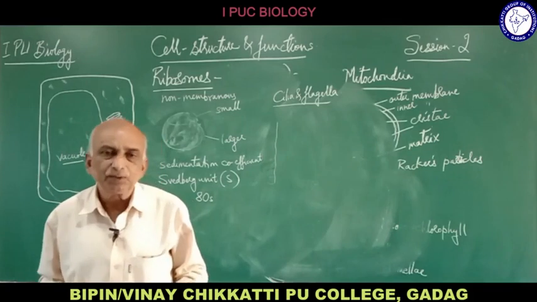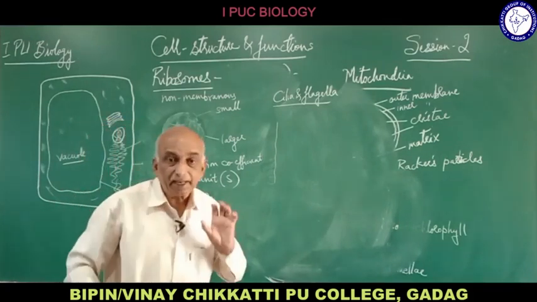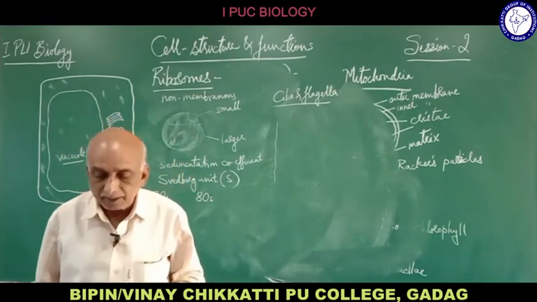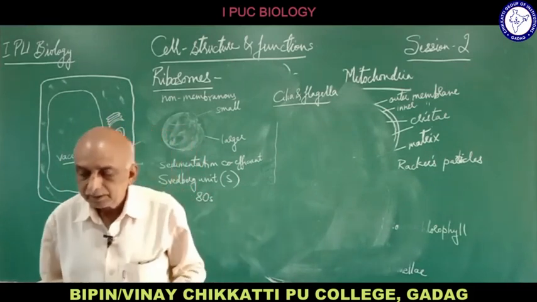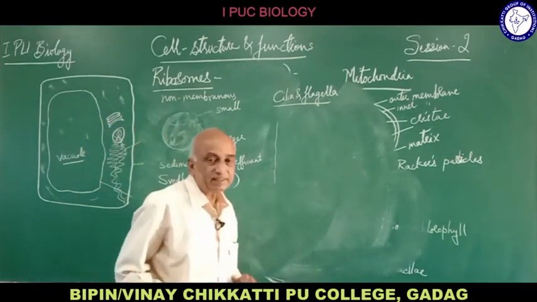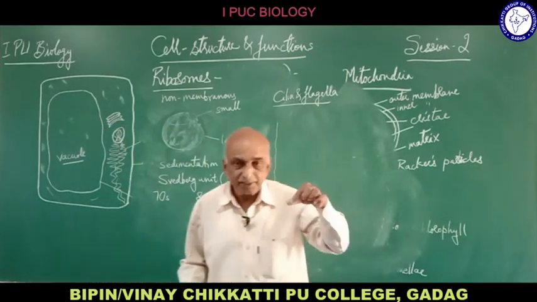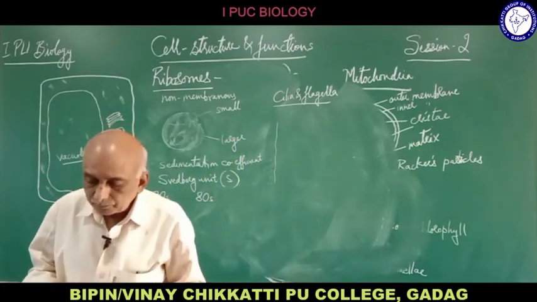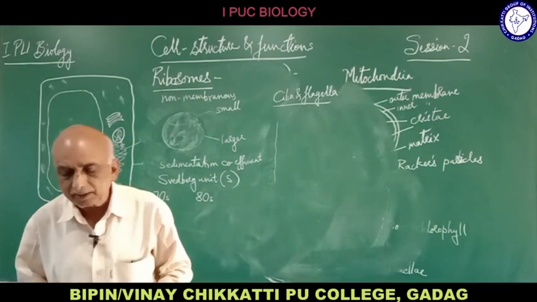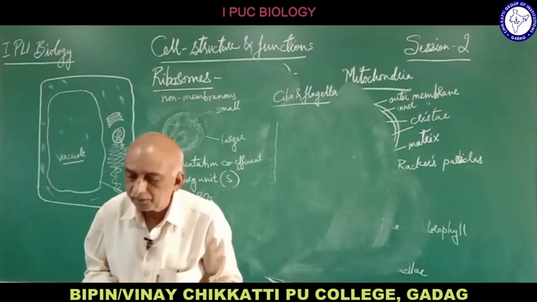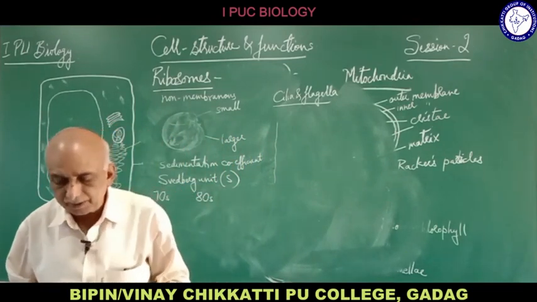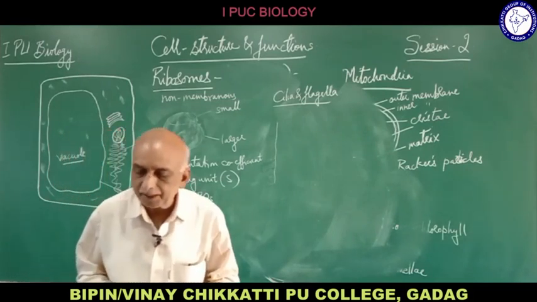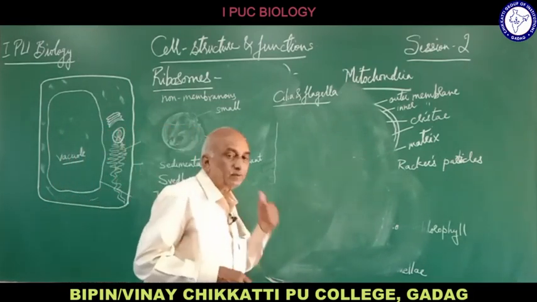The axoneme has 9 pairs of doublets of microtubules present in the center of the cilia or flagella, and there is a pair of centrally located microtubules.